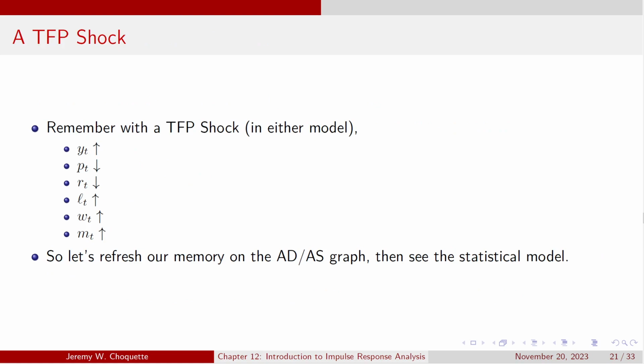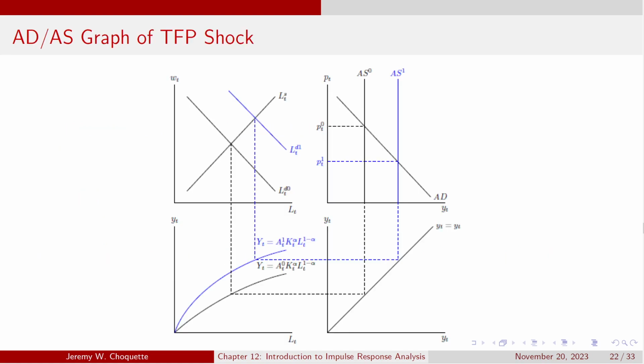So we'll start with the total factor productivity shock. Now remember, in either the RBC or new Keynesian model, these are the signs of the responses that we get. Output increases, prices fall, the real interest rate drops, the money supply increases, and labor and the real wage both increase. So to refresh our memory, let's go look at the graph. I got the graph drawn from the RBC chapter where I didn't have the IS and LM stuff.